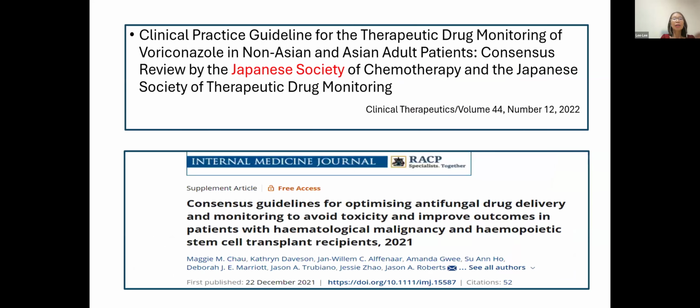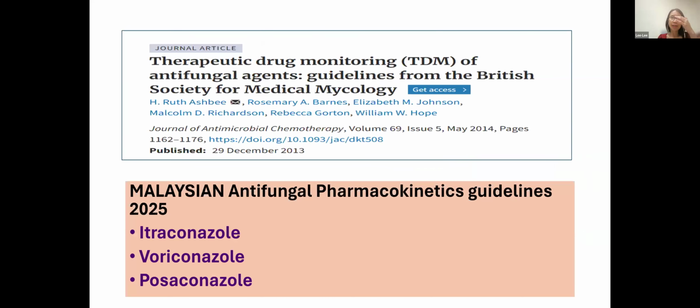So these are some of the international guidelines that mention TDM monitoring: the Japanese guideline, the Australian guideline, the British guideline. In fact, in the ECMM guideline for the management of aspergillosis or mold disease, there is a small chapter about TDM monitoring. Then, of course, in Malaysia, we also have our guideline on antifungal pharmacokinetics.